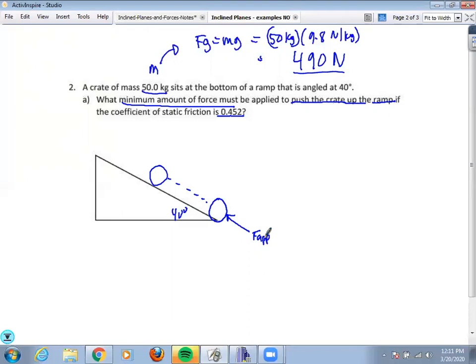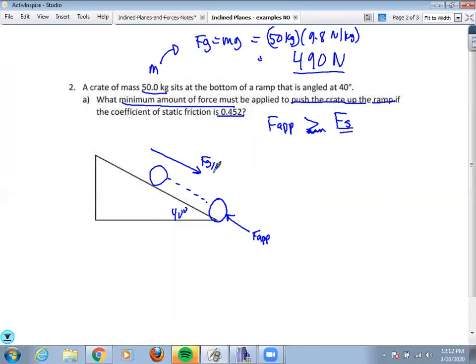Okay, so the minimum amount of force, F applied, has to be greater than, or equal to, well, forget the equal to, it has to be greater than the force of static friction. Okay, that's important. But there's something else. If you think about it for a second, if we took this object and brought it to the top, there is a force that's going down as well, and that's Fg parallel.